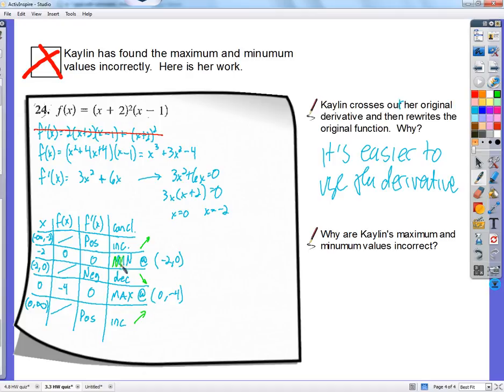So this should be a maximum at -2, 0, and a minimum at 0, -4. Increasing then decreasing would be a max, and vice versa for the minimum.